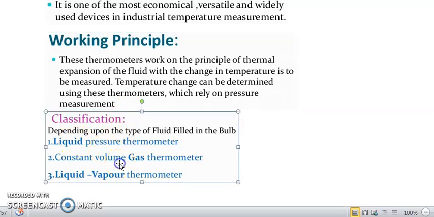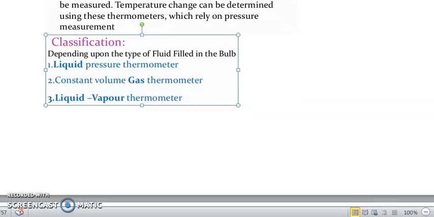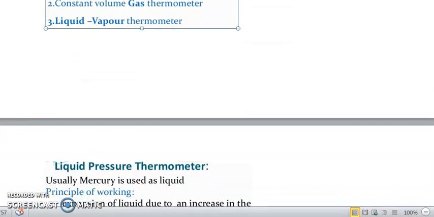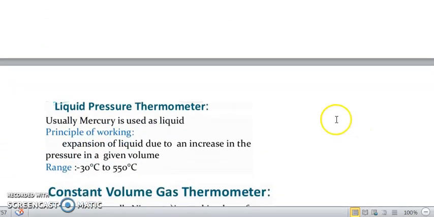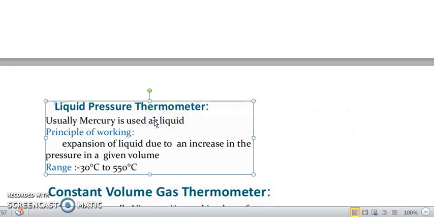Now classification. There are three types of pressure thermometer: liquid pressure thermometer, constant volume gas thermometer, and liquid vapor thermometer. Actually, classification is not mentioned in your syllabus, but you can study it for a thorough understanding. The first one is the liquid pressure thermometer. Usually mercury is used.